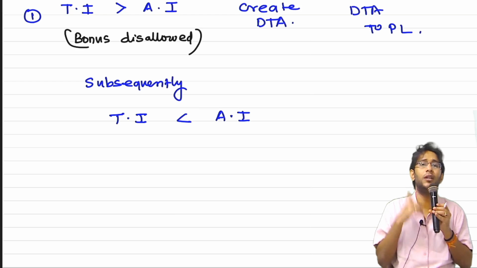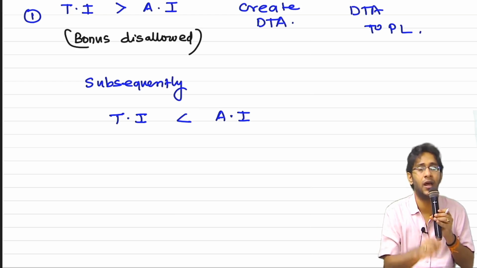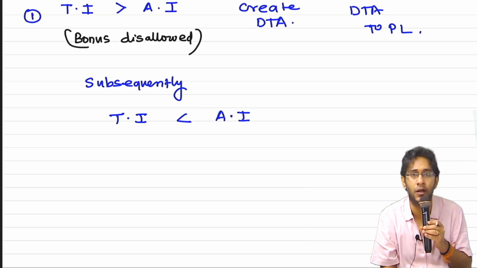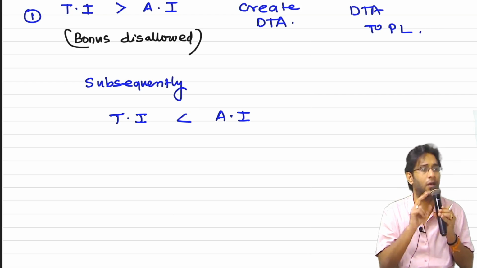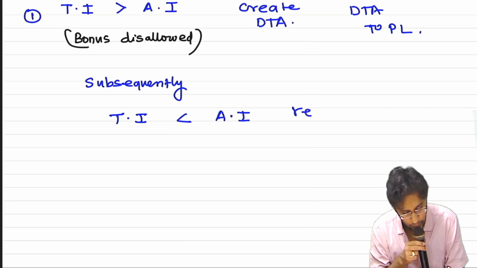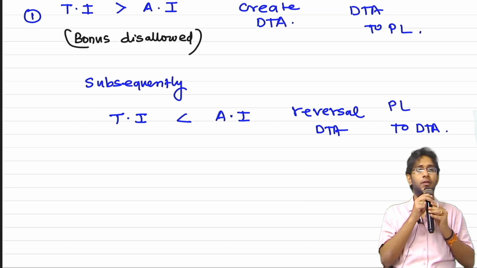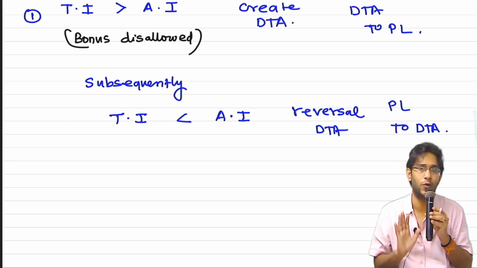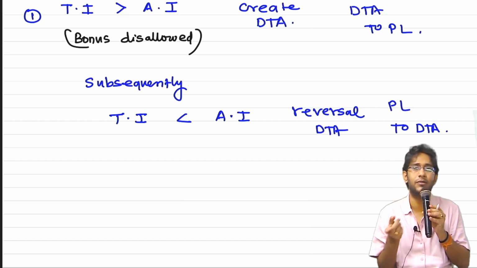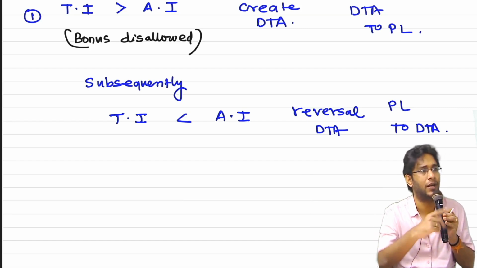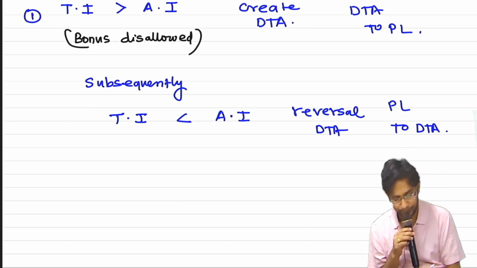Now that you enjoyed the benefit by paying lesser tax, the dummy entry you created, DTA, has to be reversed. So the reversal will be the reverse entry, P&L account debit to DTA. So this DTA is a kind of dummy account, sir. Temporarily we create it, and subsequently when we pay lesser tax, immediately DTA has to be reversed.